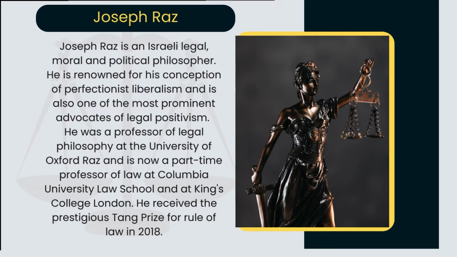He was a professor of legal philosophy at the University of Oxford, and is now a part-time professor of law at Columbia University Law School and King's College, London. He received the prestigious Tang Prize for Rule of Law in 2018.